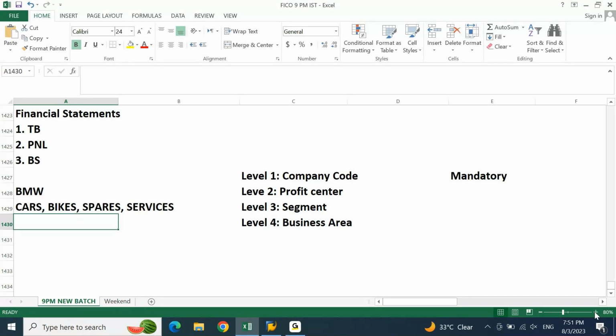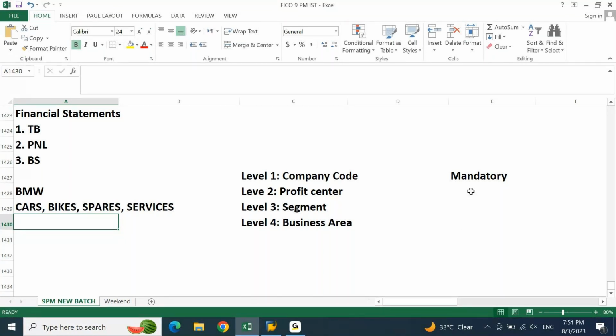Their expectation is to look at the financial statements at the respective product level. Now how you treat these products is the next question. Majorly, these products are treated as profit centers.